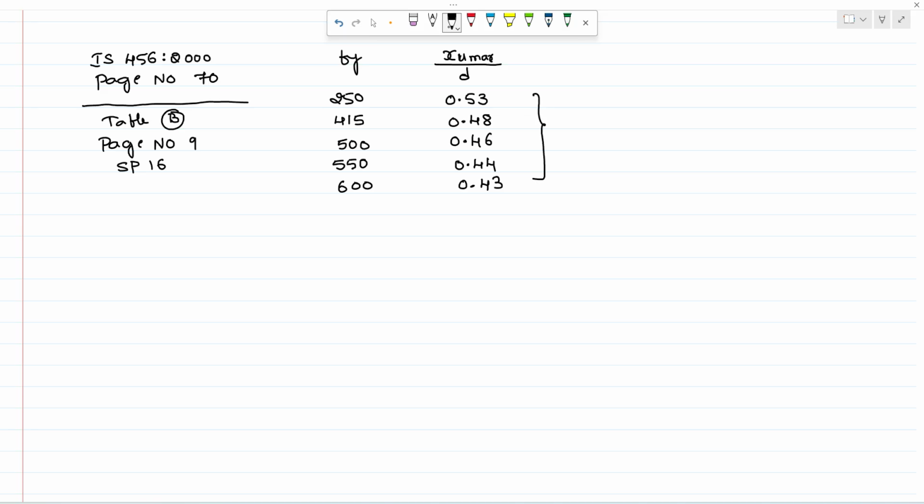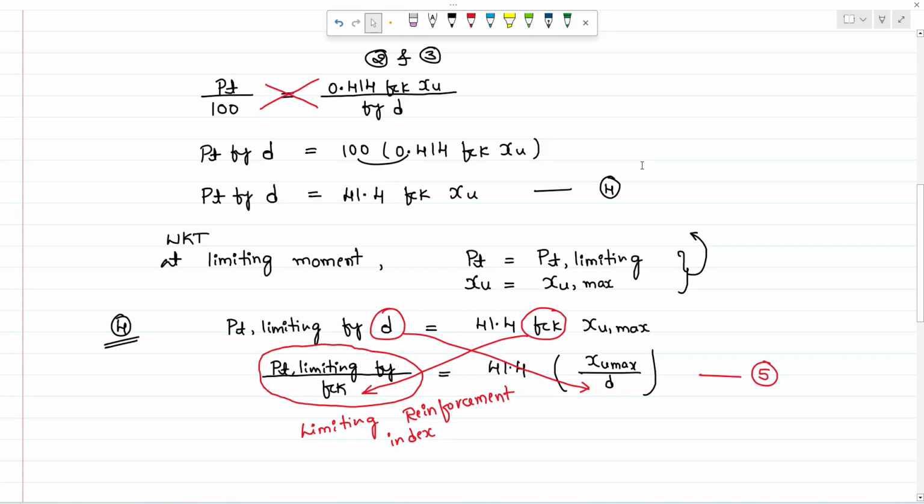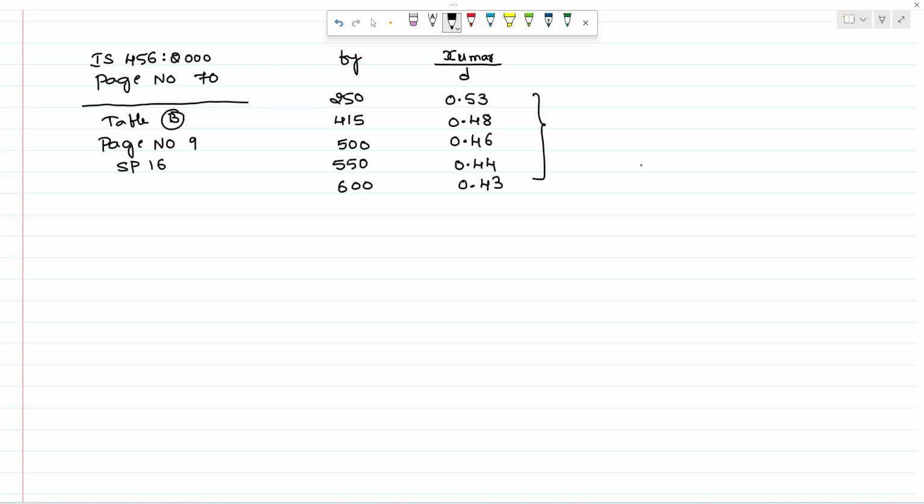So let me substitute these values in the equation. What is the above equation? Equation number 5. So let me write equation number 5 once again.